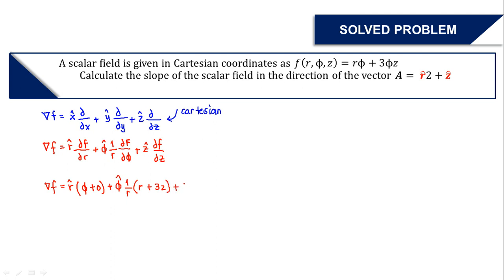Plus z hat, partial derivative ng function with respect to z. So, yung una natin, 0 yan, plus 3 phi. Okay? So, simplify muna natin.